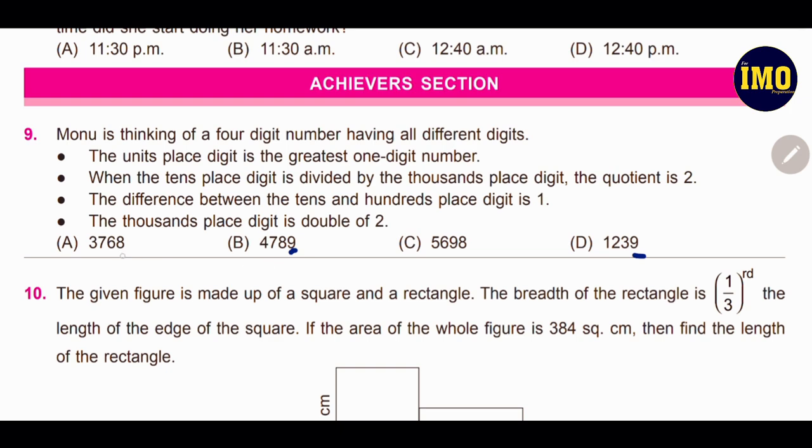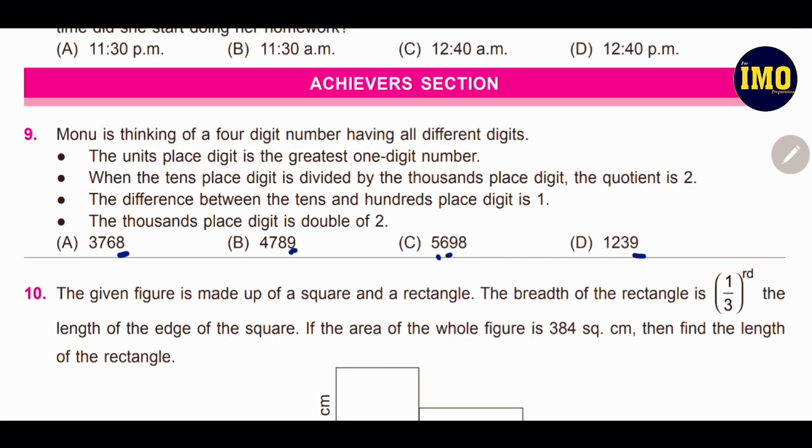Now the greatest is also there, no? Because yes, this is also greatest. This one is not, because here 9 is after 6, and 8 is in the extreme position, the ones place. So we have three possibilities in this question. It means maybe from these three, one will be the answer. So the tens place digit divided by the thousand place digit. Okay.